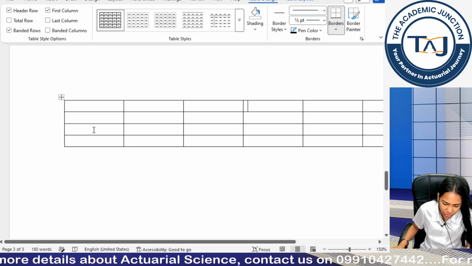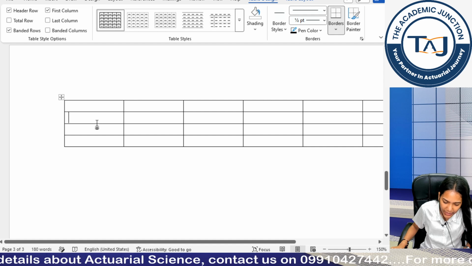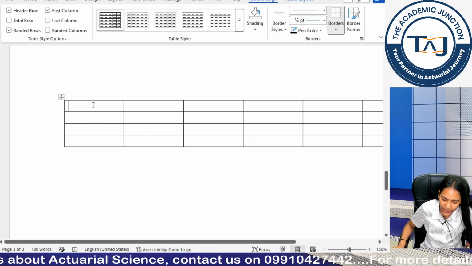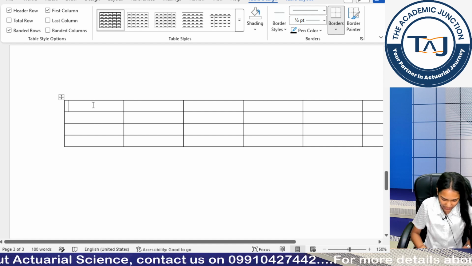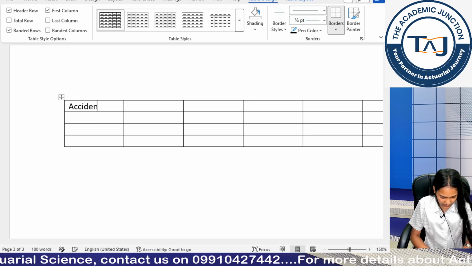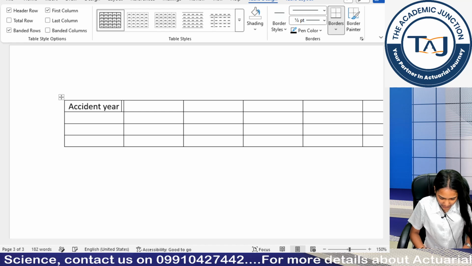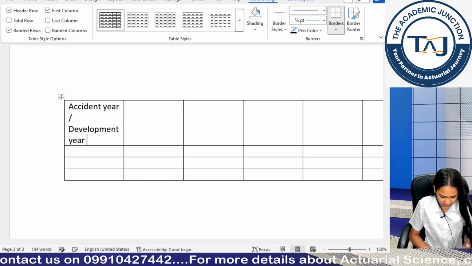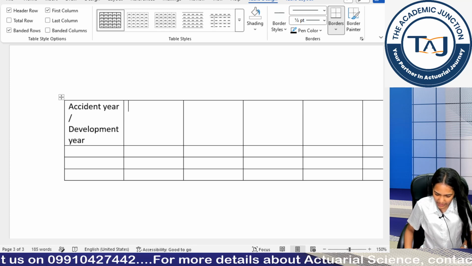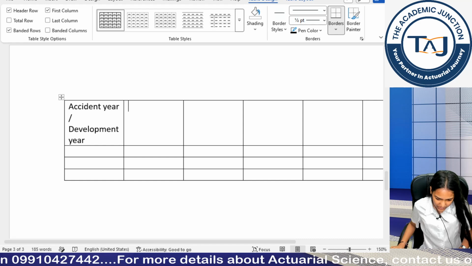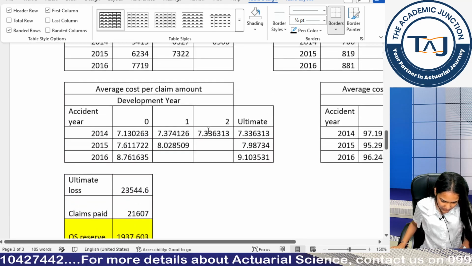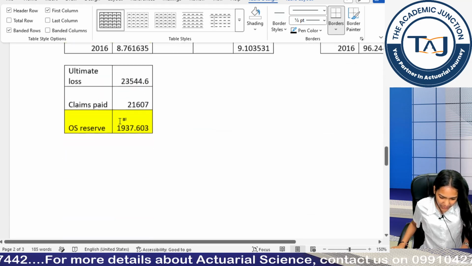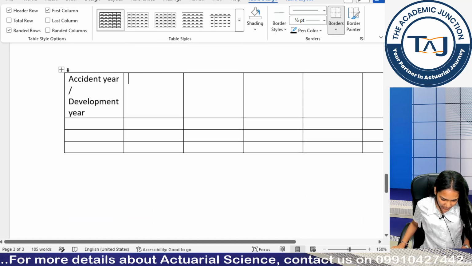So this row basically shows my accident year, this shows my development year. In one column I can write development year, and here I can write accident year slash development year. Then I can write my years, so what are my years, let me check. I have written in the wrong direction basically.